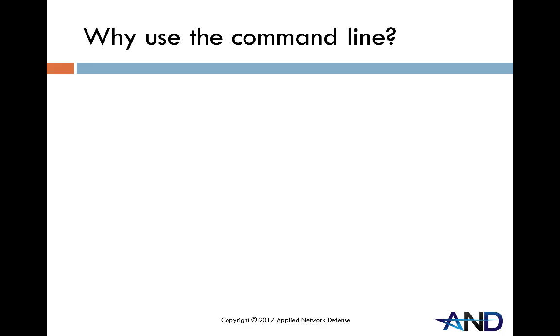However, there are a few reasons where the command line makes sense, and I'm going to go through those quickly here before we get into the tools that we're going to be digging through. First, the command line abstracts you less from the data. We've talked about this a few times when we talked about protocol dissectors. Anytime you're dissecting data and representing it to a user outside of its raw form, there's some degree of abstraction.